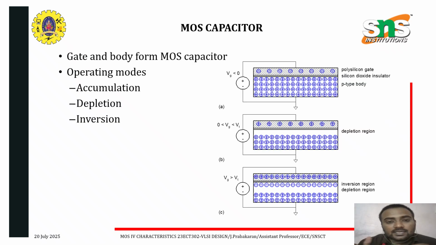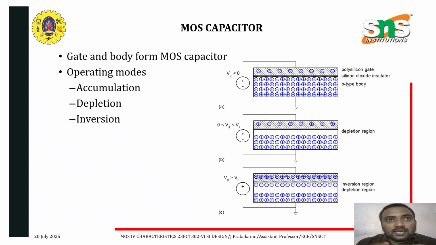Let me discuss some of the introduction to MOS capacitor, followed by the working principle in different operating modes. Let me see the introduction. The metal oxide semiconductor capacitor is a fundamental building block in MOSFET devices and is essential for understanding the operation of MOS transistors.